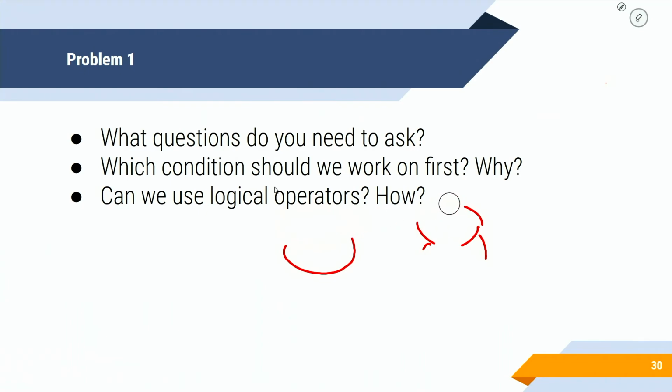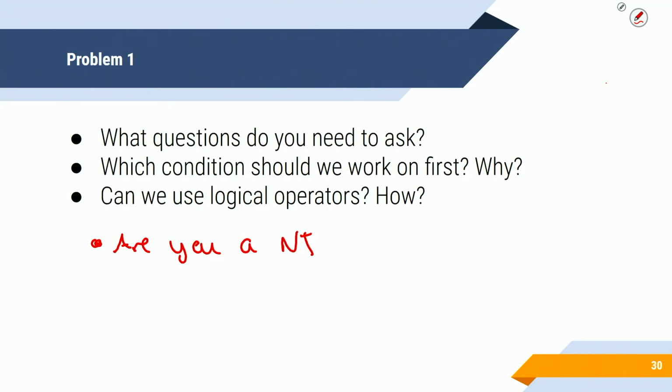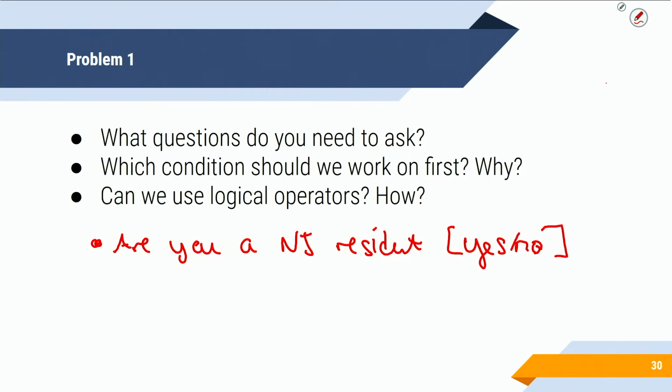All right, so now let's think about what questions we need to ask here, and what conditions we should work on first. Some questions we might want to ask are: are you a New Jersey resident? That could be, let's say, yes or no. The next question might be housing.